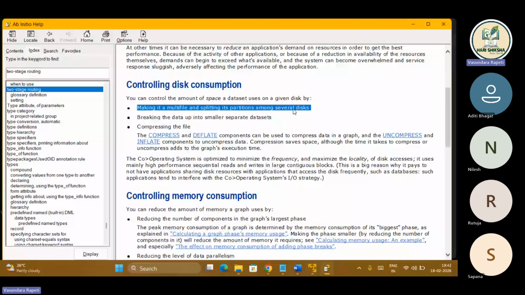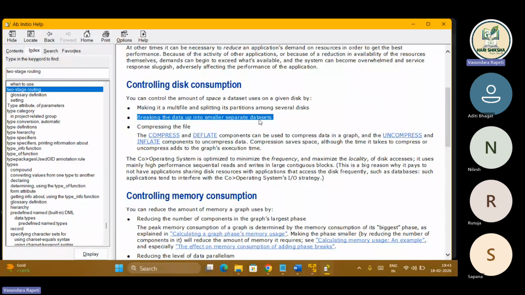Like use 4 or 5 machines and do 4-way or 5-way accordingly, and distribute that data, creating a partition on 4 different machines. They will have 4 different hard disks, so that MFS will hold their data. It means they have their own separate resources, their separate hard disks.